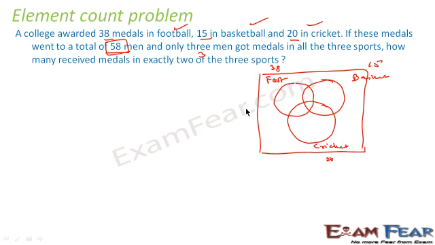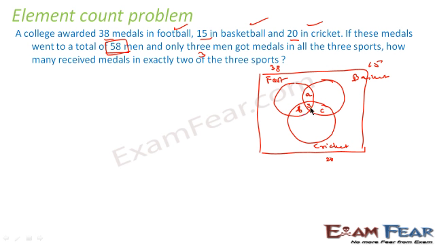Now it says 3 men got medals in all 3, so this area is 3, correct? And now they want to know how many received medals in exactly 2 sports. These 3 areas are the people who received exactly 2 sports. So I'll mention A, B, C. Correct? So for football, the total is 38.